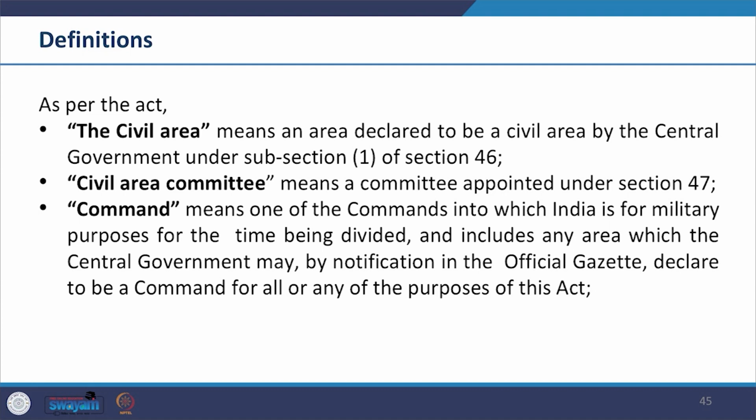Further, we see a civil area committee is also formed, which is the committee appointed under this particular provision. Further, we see there's a term command, which means one of the commands into which India is for military purpose for the time being divided. So as per the national policy, how they are dividing the areas, under which area it falls.